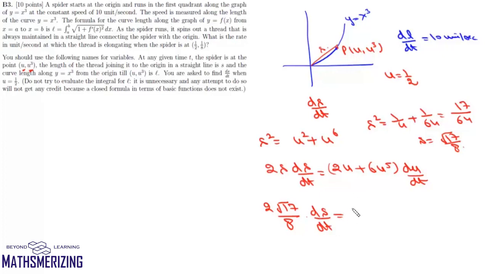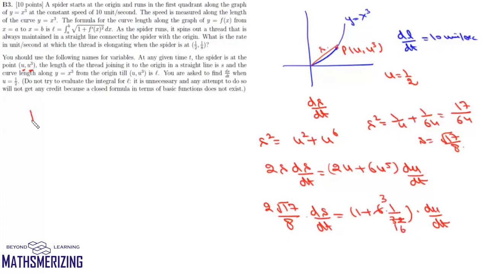So it will be 2 into 1 by 2, which is 1, plus 6, and u to the power 5 is 1 by 32 into du by dt. Now this value, this is 3 and this is 16.